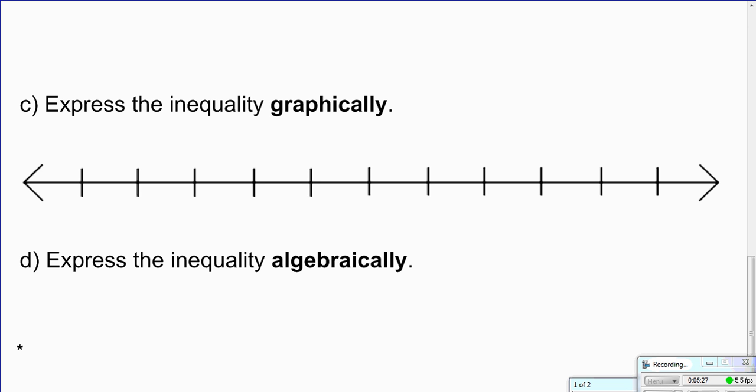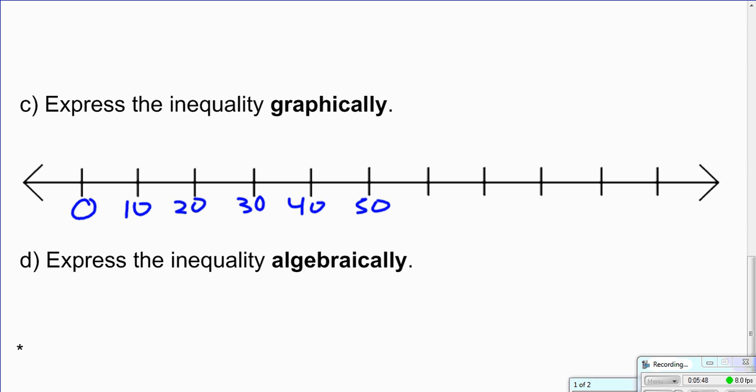What's relevant on the number line is the 40 hours. We could show other numbers, so maybe we start at 0 hours, so 10, 20, 30. There we go, 40, 50.